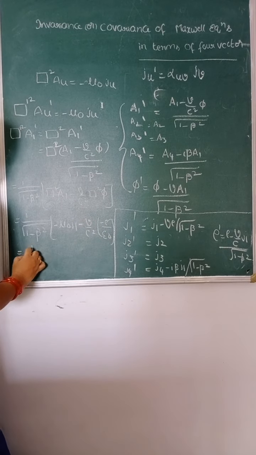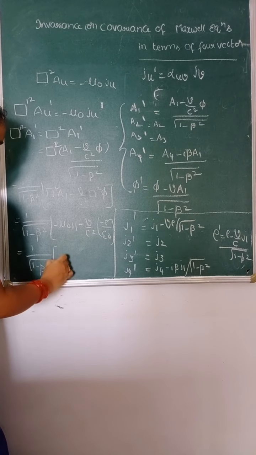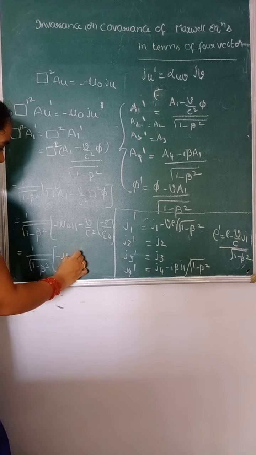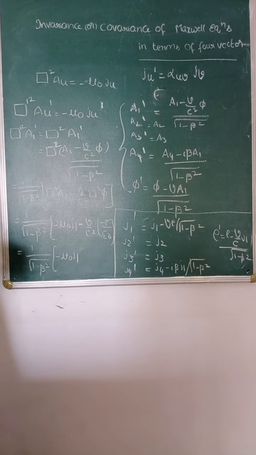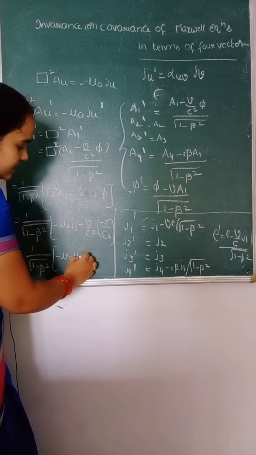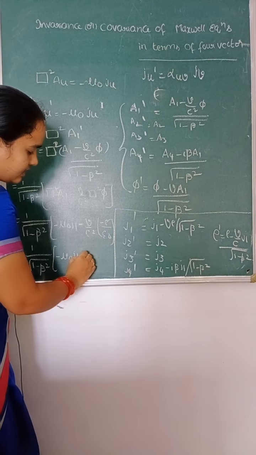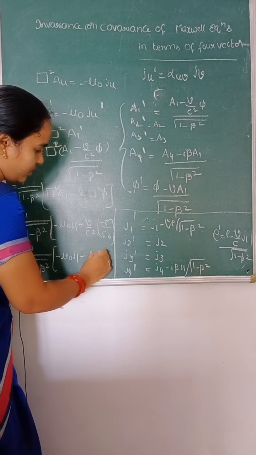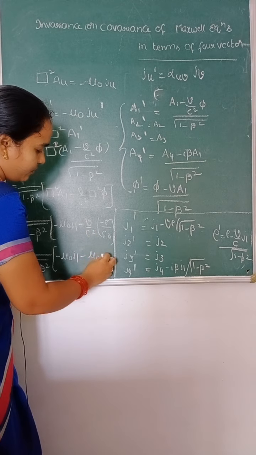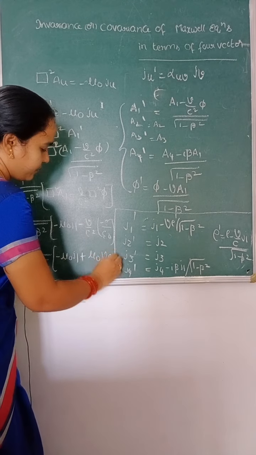This is 1 by root of 1 minus beta square, minus mu naught J1 minus rho by epsilon naught, C square mu naught, mu naught minus mu naught into, minus into minus plus V rho.